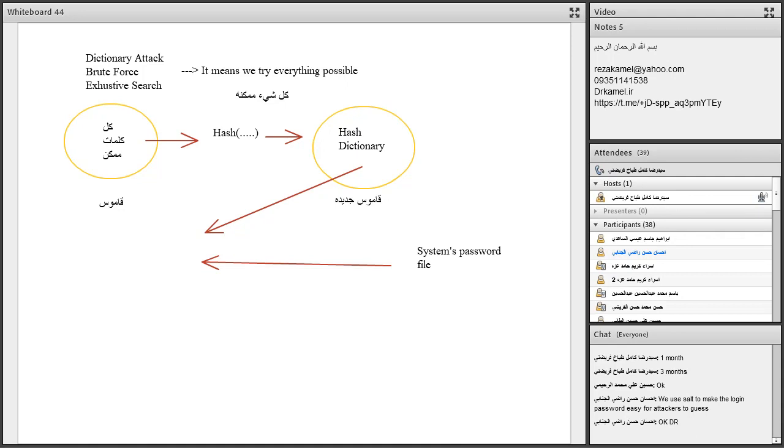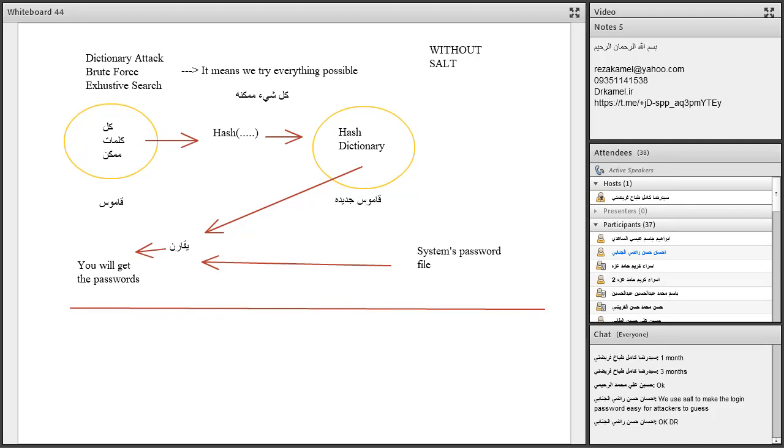We compare, يقارن, and then you will get the passwords. You compare them and you can easily get the password. This is when you don't have salt. So I will write it here: this is without salt.